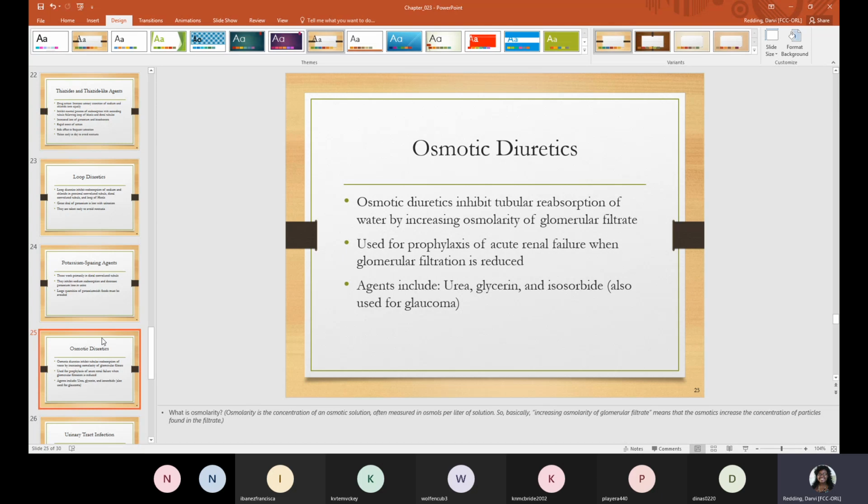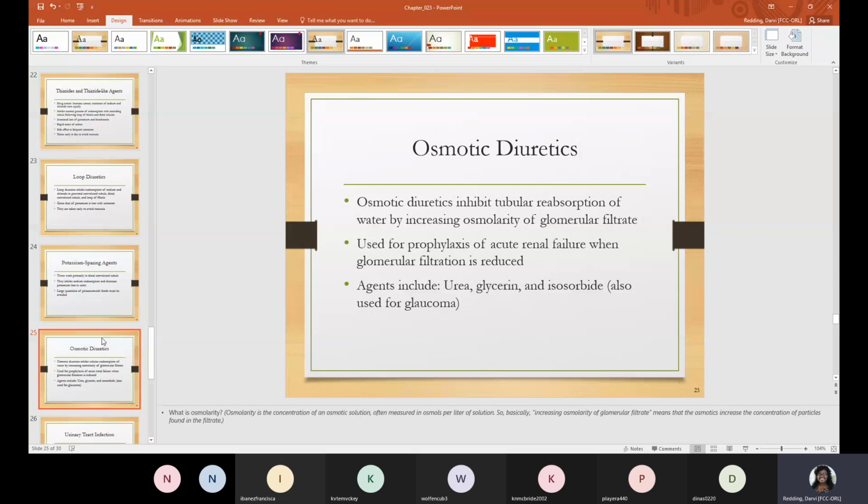And so I mentioned the word osmolarity. You should understand that osmolarity is the concentration of an osmotic solution, which is often measured in osmoles per liter of solution. So basically, it means the osmotics increase the concentration of particles that's found in the filtrate.